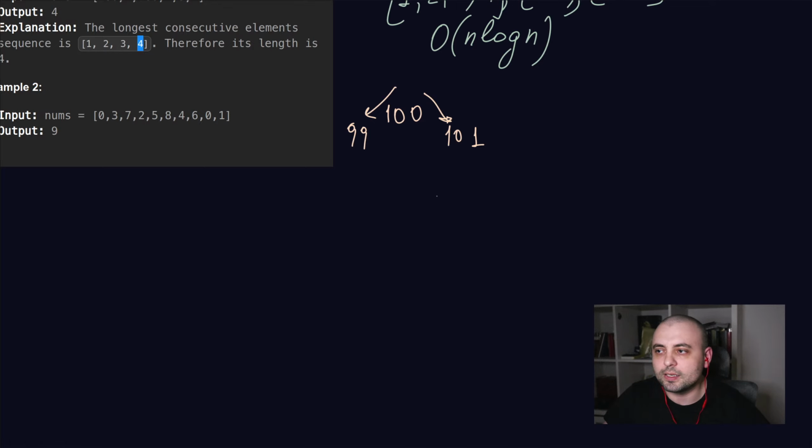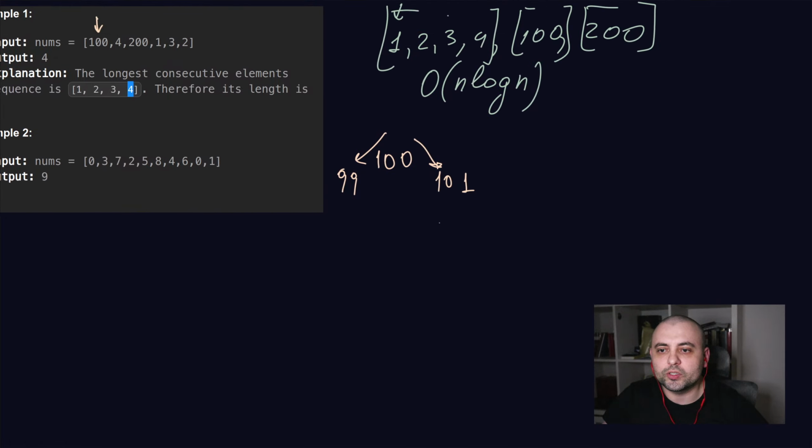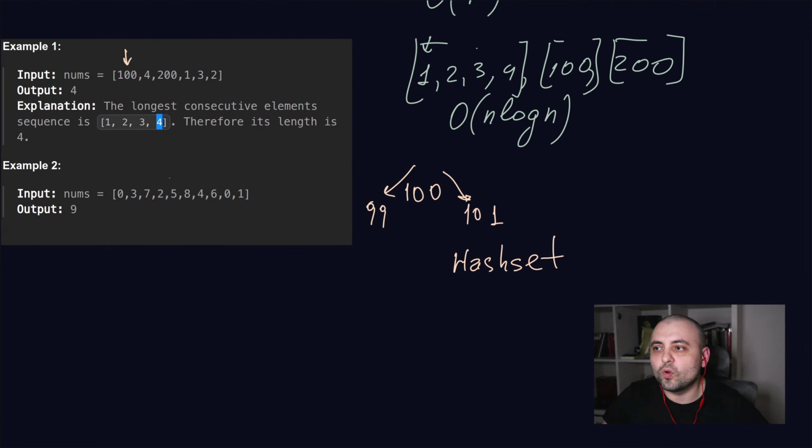This hints us to use a different data structure called a hash set. So we'll transform our input nums into a hash set, and this will allow us to check if some specific items are in our set in constant time of O(1).